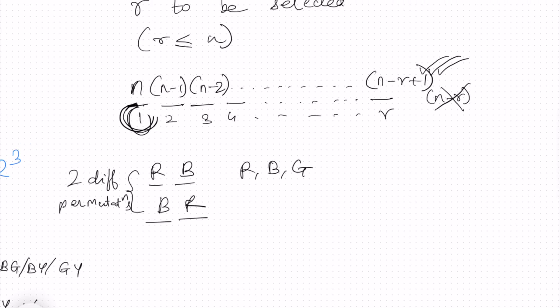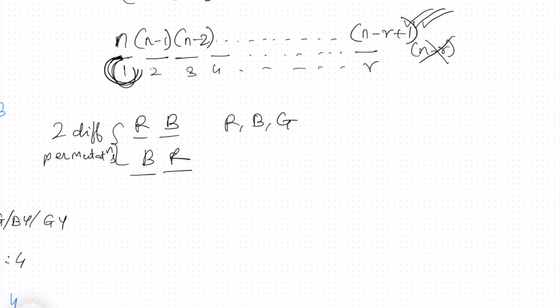They comprise the same set of objects, but the order of arrangement is different, and that is called a permutation. If I select the objects and the order in which I have selected them also matters, then that is a permutation.